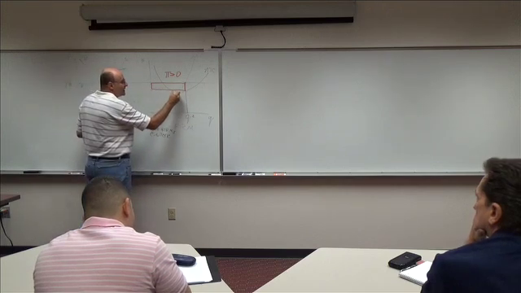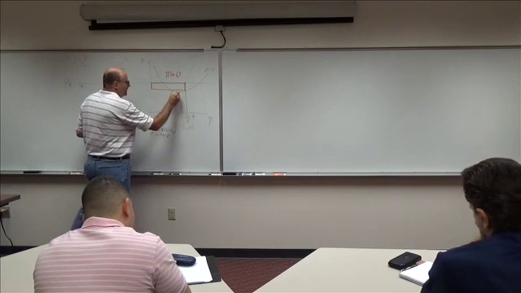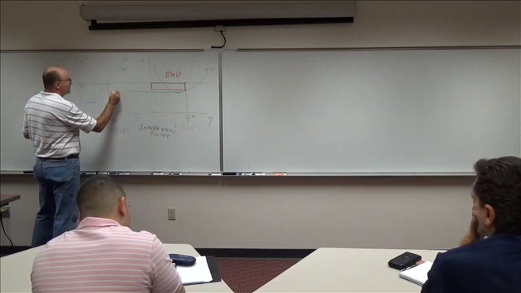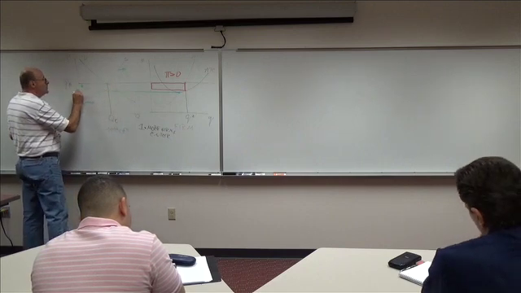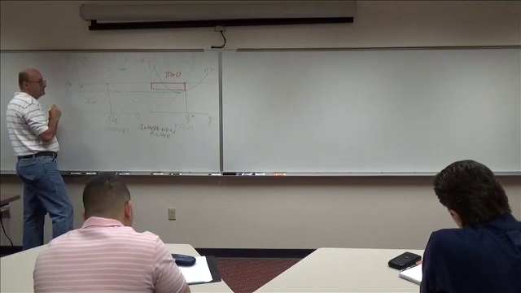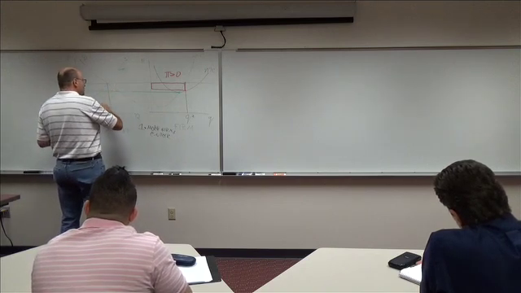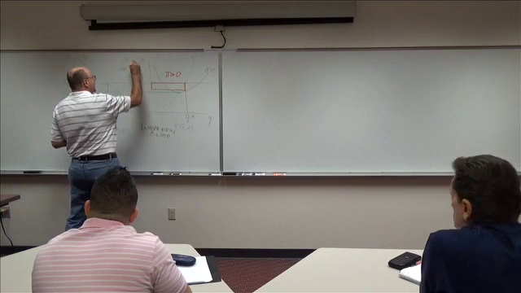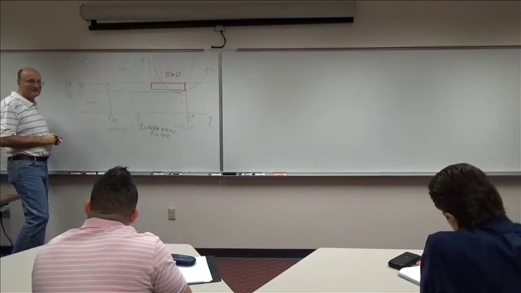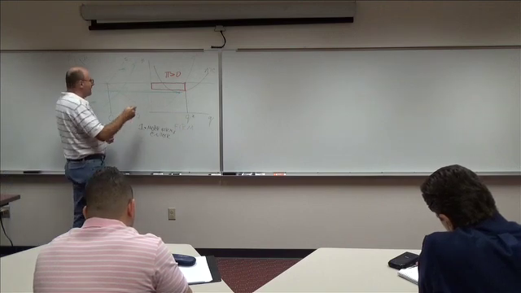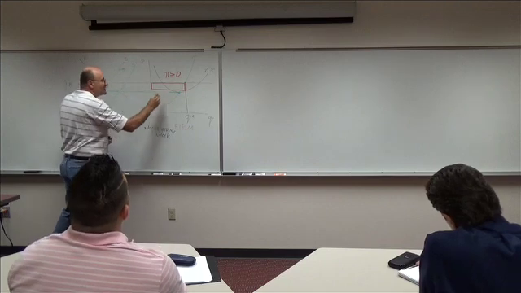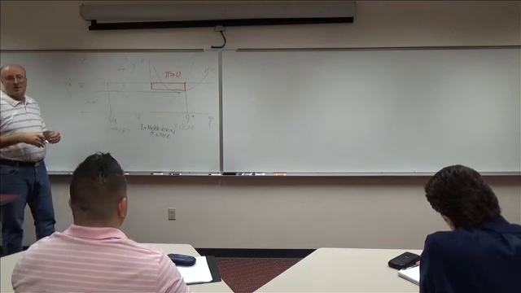It will all stop when this is the new equilibrium price, PE prime, when this is the new supply curve, S prime. That makes sense? And of course, at this price, how much is the firm going to produce?